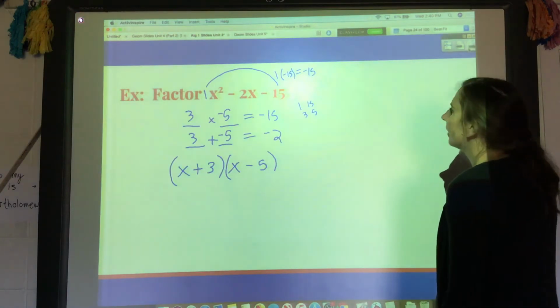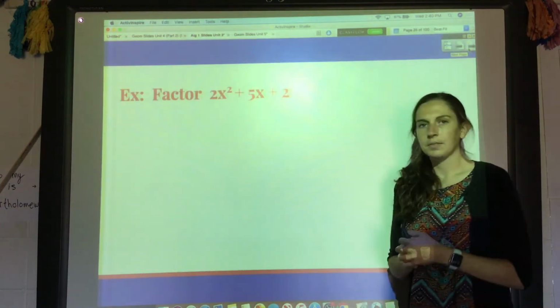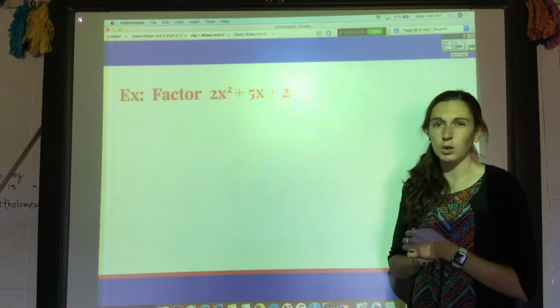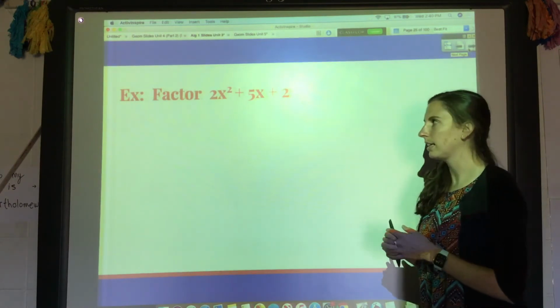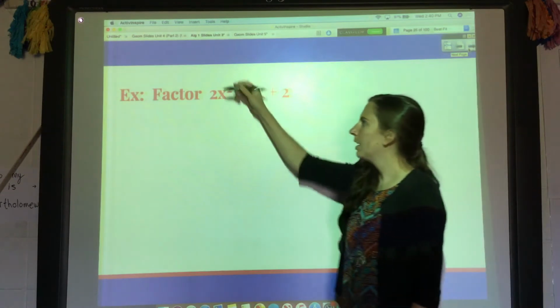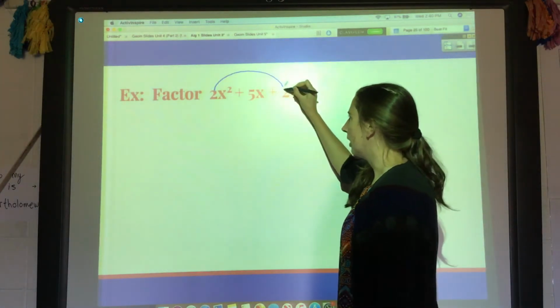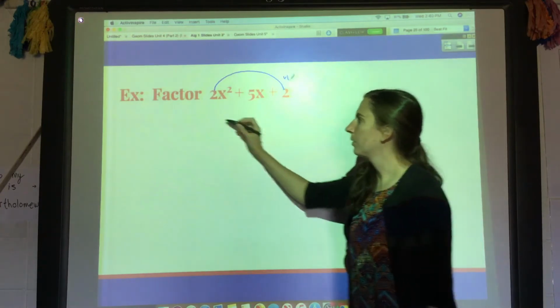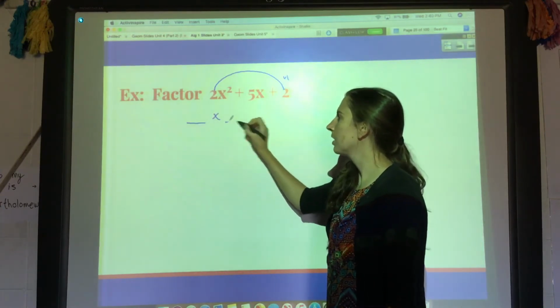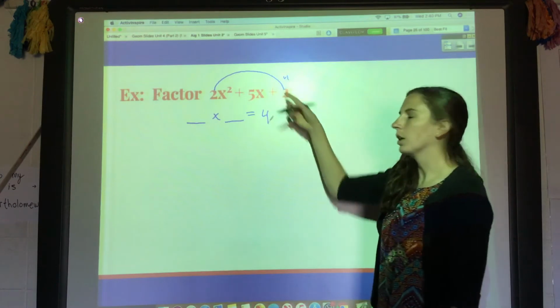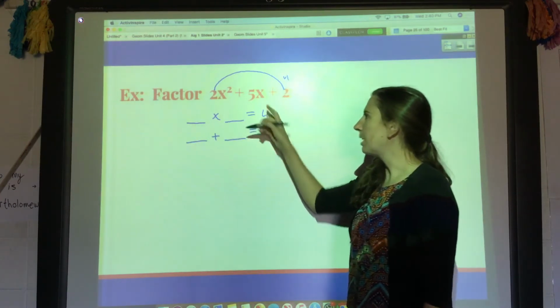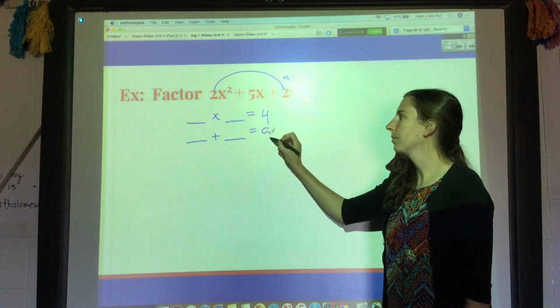All right, on this one, notice I actually have a leading coefficient that's not a 1. So this one's going to be slightly different, but you start the same. Multiply whatever's in the front times whatever's in the back. 2 times 2 is 4. So I want to find two numbers that multiply to give me 4, the rainbow number, and add to give me 5, the middle number.